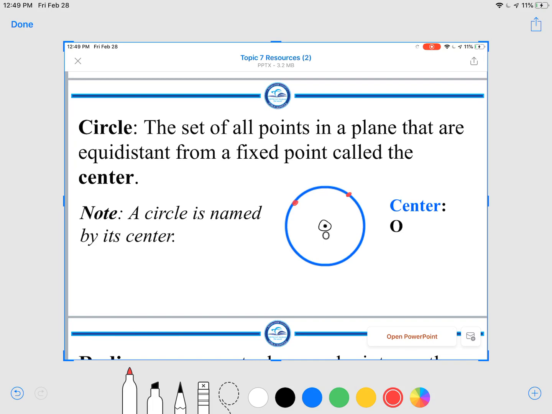So if you draw a line from that point to the center, whatever that distance is, it's the radius, it's going to be the same distance for this other point. This is also a radius. So all of these points around the edge have that characteristic, that they're all the same distance away from the center of the circle. So these are all radiuses.